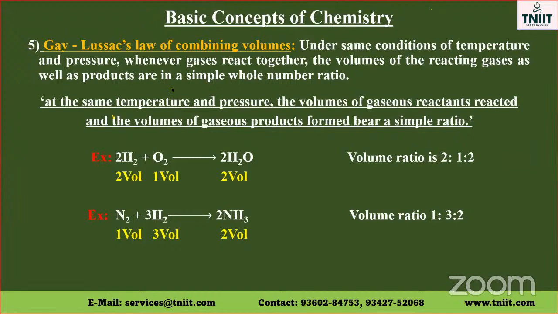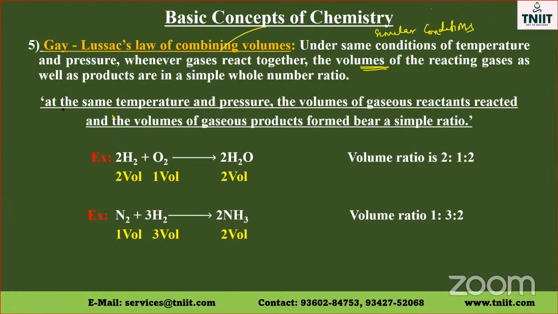At similar conditions of temperature and pressure, whenever gases do react with each other, they do in terms of volumes. And the gases reacting as well as the product formed are in simple ratio.